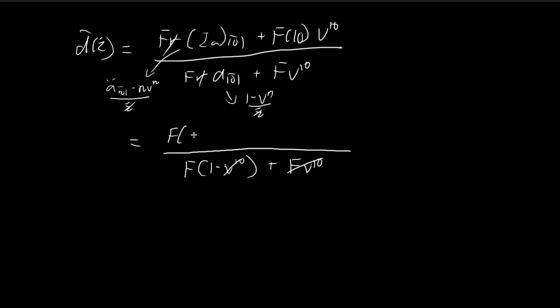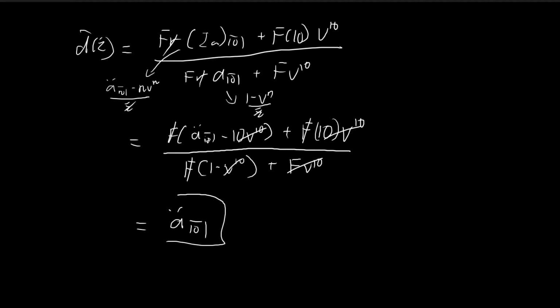So we have F times the annuity due symbol for 10 years, minus F times 10 times v to the power of 10, plus F times 10 times v to the power of 10. The F cancels out, and the 10v to the power of 10 terms also cancel out. So in the end you're left with the annuity due symbol.